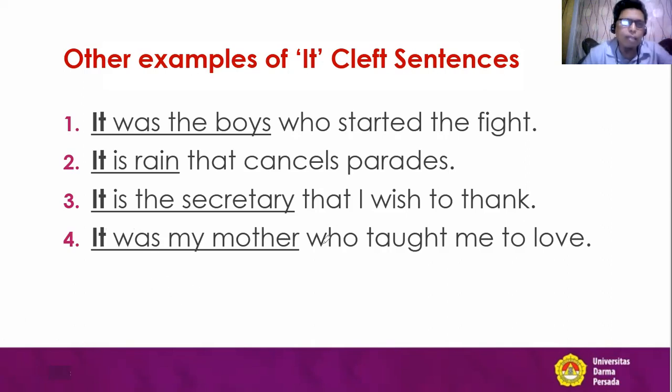So everybody, the first part of each sentence: it was the boys, it is rain, it is the secretary, it was my mother. They are all sentences starting with it. They all start the sentence with a capital. So you need to be careful on this part.